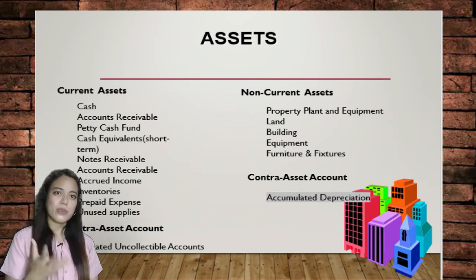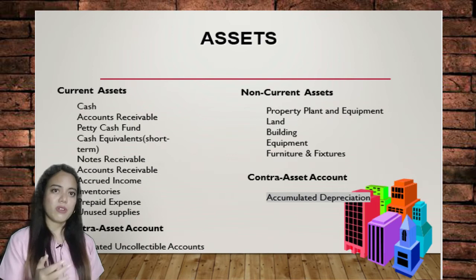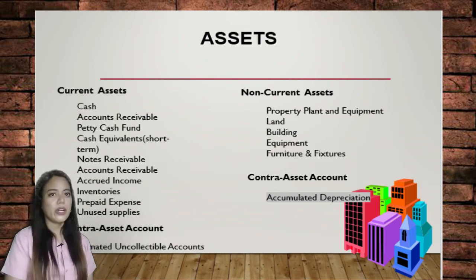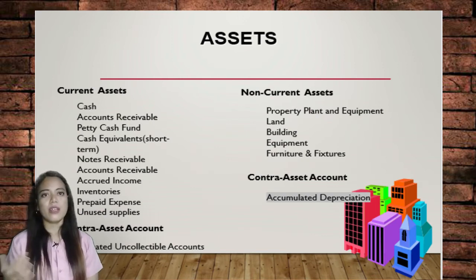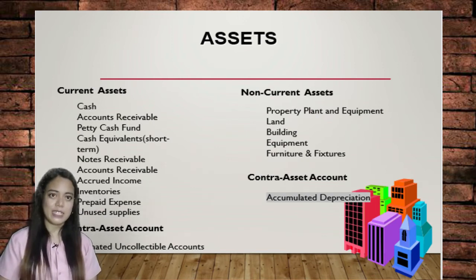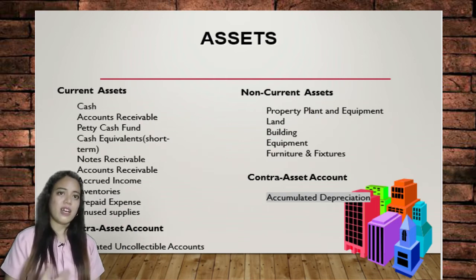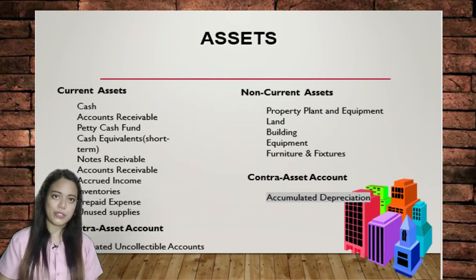Those people who will not be able to pay the business will be estimated, and this is under the estimated uncollectible accounts.